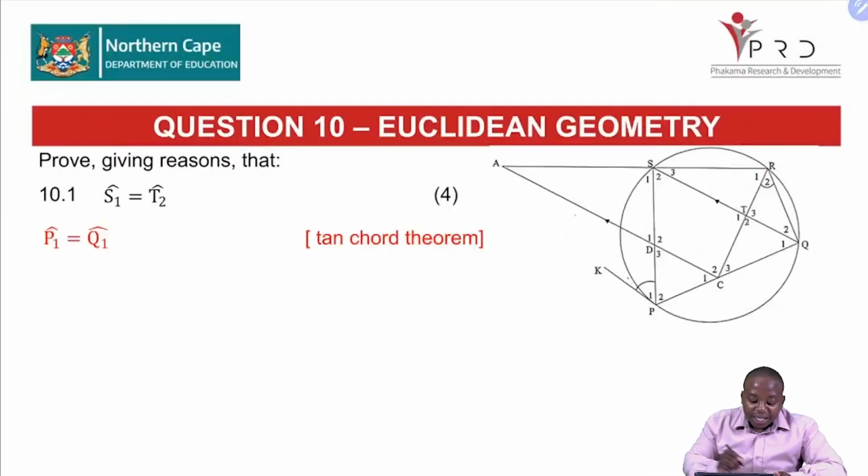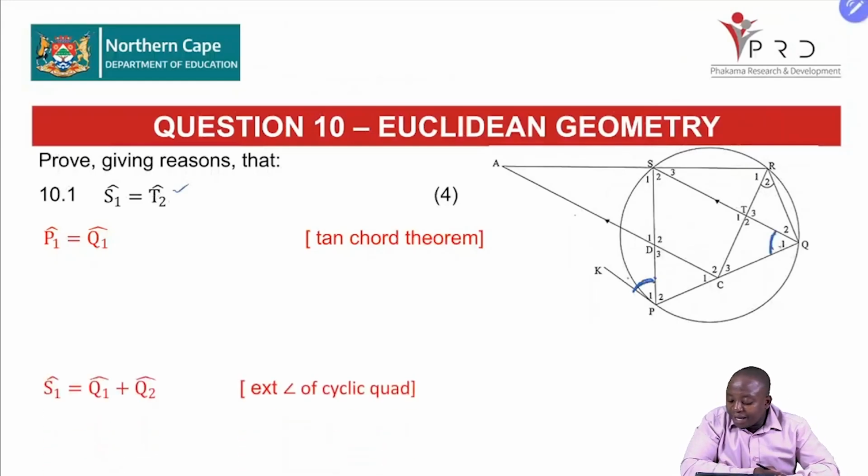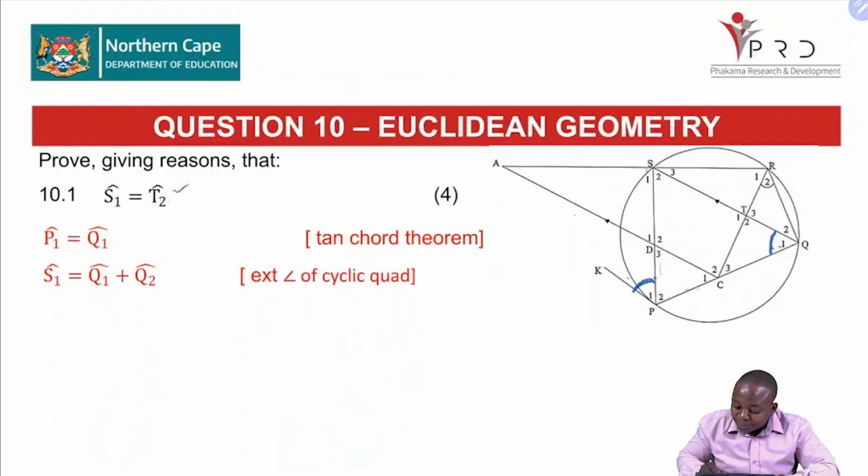Prove with reasons that S1 is equal to T2. We have already established that P1 is equal to Q1. And we have mentioned that to say these are our tan chords. If you remember from our pre-analysis, I was able to draw the triangle from that. And what do we see again? Our S1 is equal to Q1 plus Q2.